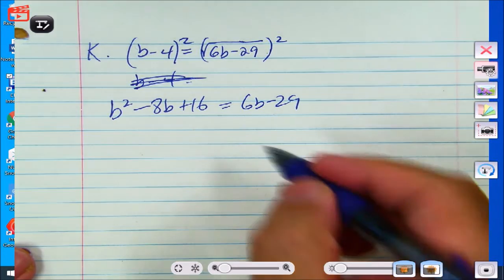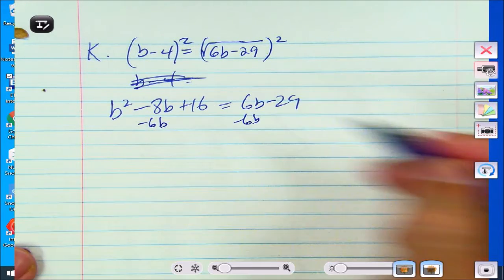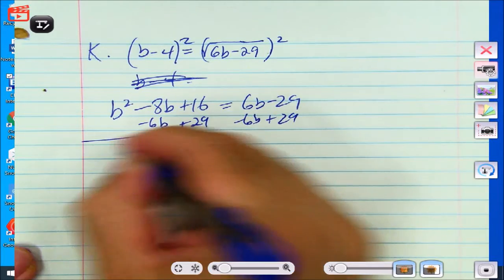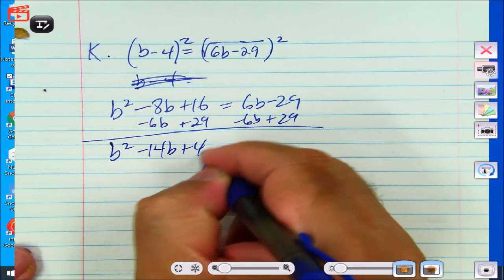Alright. Move things over, so I'm going to subtract 6b from both sides, and I'm going to add 29 to both sides. That gives me b squared minus 14b plus 45 equals 0.